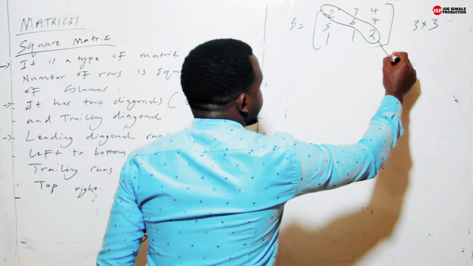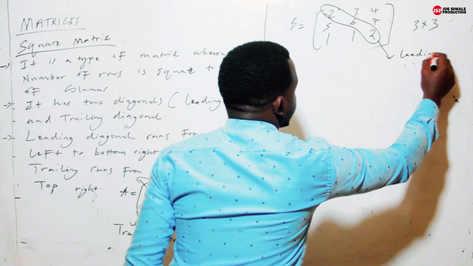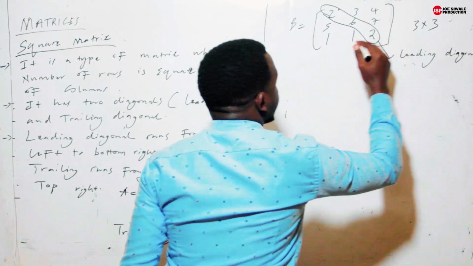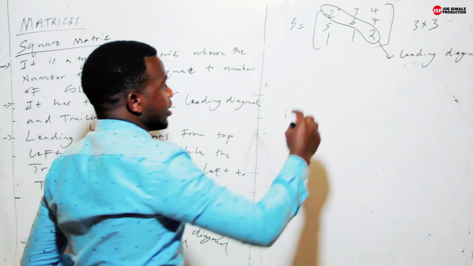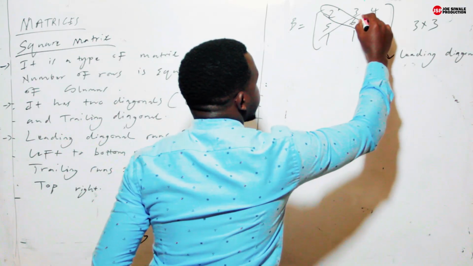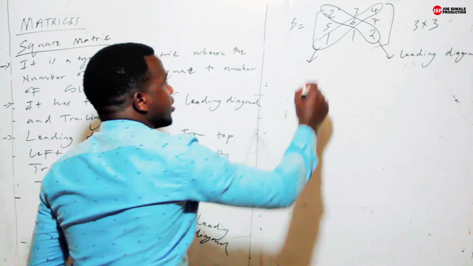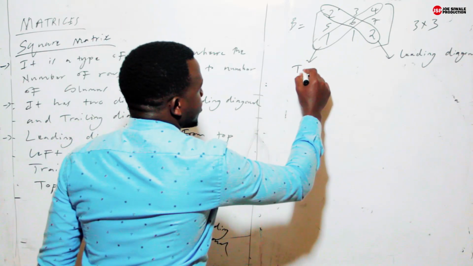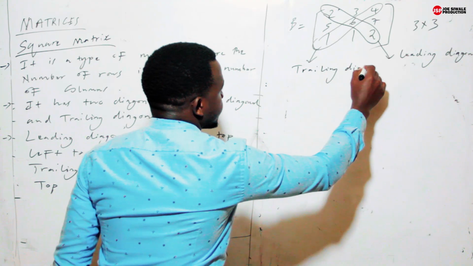This is going to be our leading diagonal, and for our trailing diagonal, those are going to be the elements. So this is going to be our trailing diagonal.